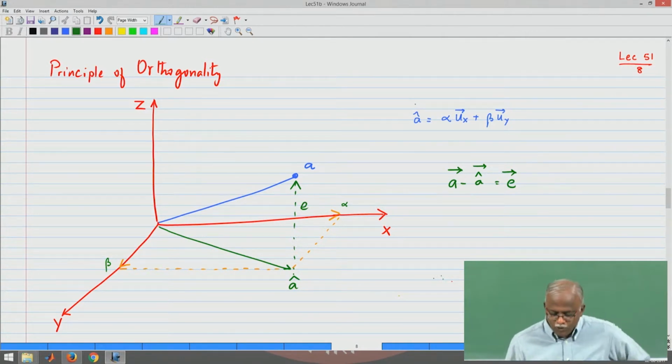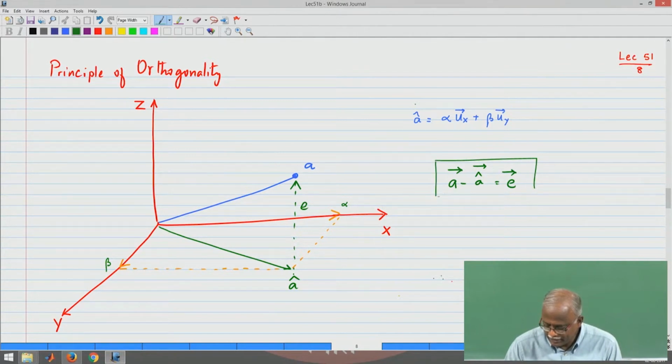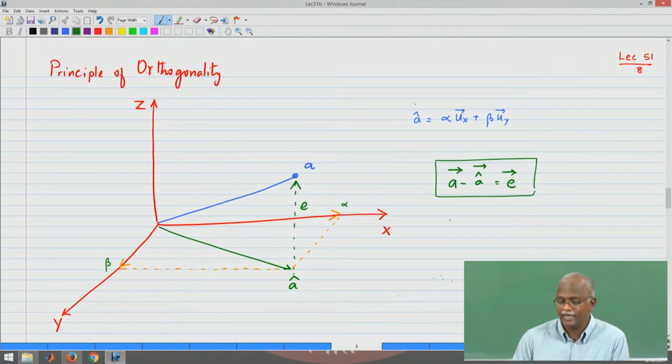If you were now to think of the error between the original vector and the approximation in the xy plane and call it the vector E, then A minus A hat is the vector E, or in other words A hat plus E would be equal to A, which is the equation that is given here.